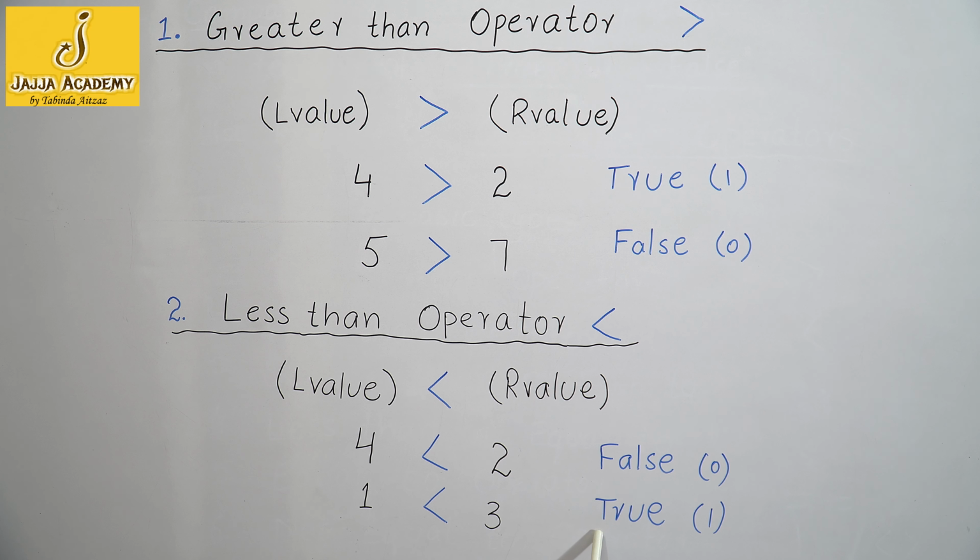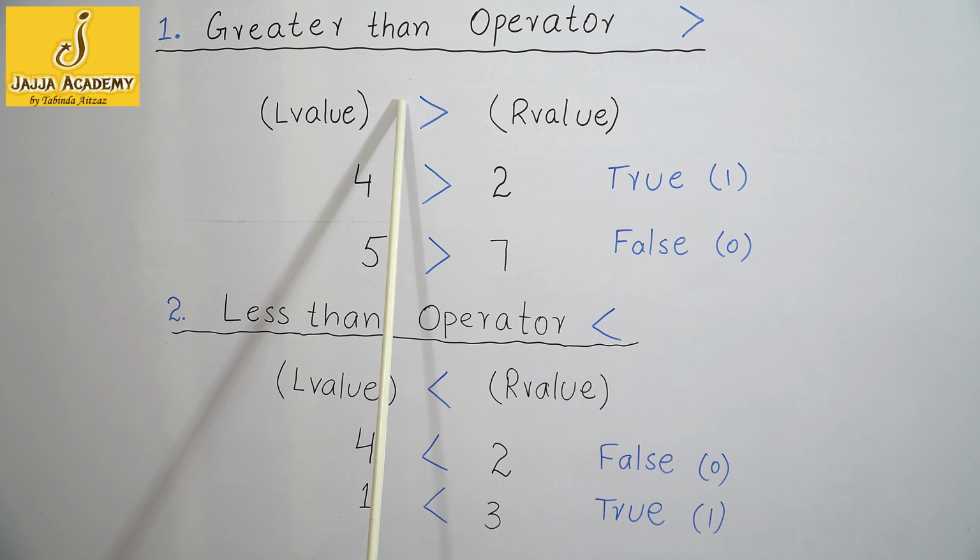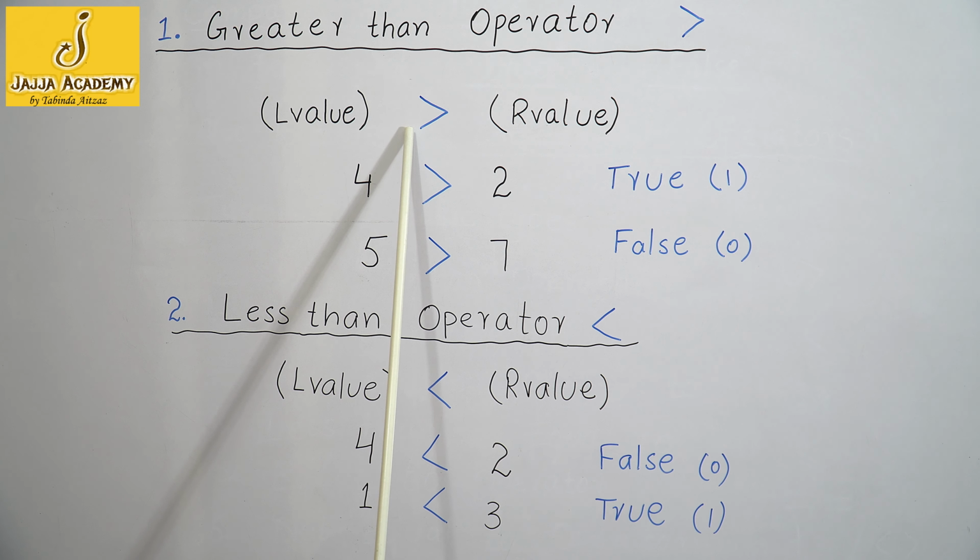In order to memorize them, I used an informal term alligator's mouth only to let you differentiate between greater than operator and less than operator. As I told you, we will compare left side value with the right side value. So if alligator's mouth is opened on left side, then opened mouth means greater mouth, greater value.